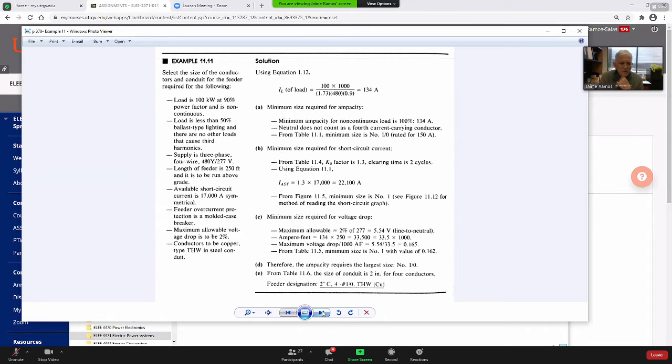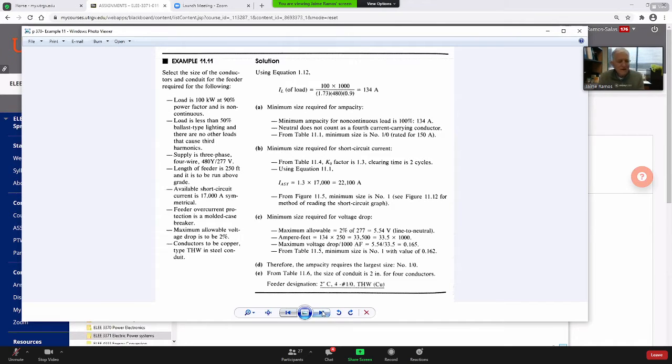The load is 100 kilowatt, 90% power factor, and is non-continuous, so we do not require the 125% upgrade. Load is less than 50% ballast type lighting. There are no other loads that cause triplen harmonics.